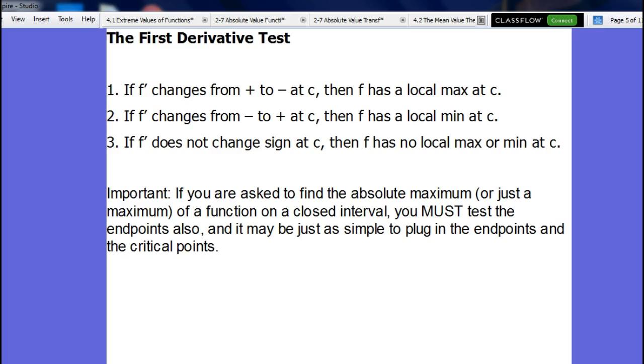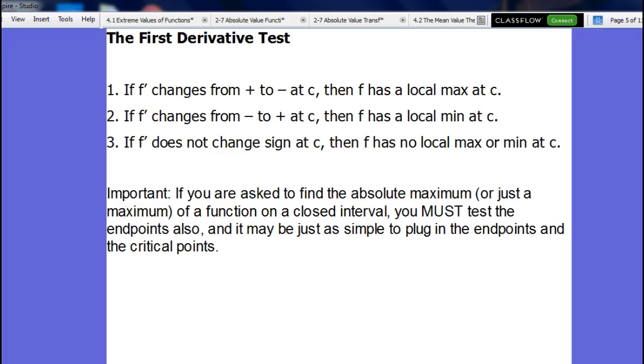If f prime changes from negative to positive at C, then you have a local min. And if f prime does not change sign at C, then you do not have either a min or a max. So that's one of those things that they set you up for those tricks. There'll be questions where you'll find a critical point, but that critical point might have a positive to the left and a positive to the right.